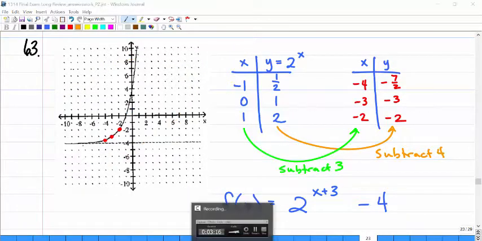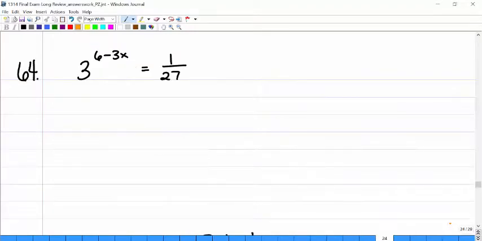Number 64, I want to solve for x: 3 to the 6 minus 3x equals 1 over 27. I notice that both the left and the right hand side can be written as powers of 3. So I get 3 to the 6 minus 3x equals 3 to the minus 3.